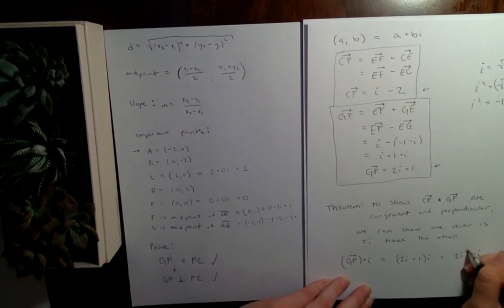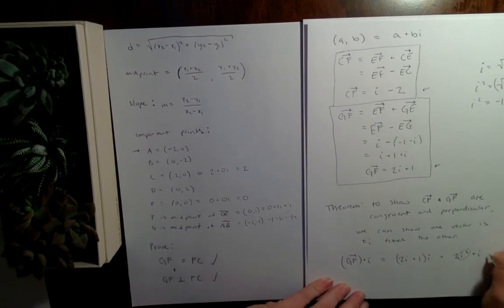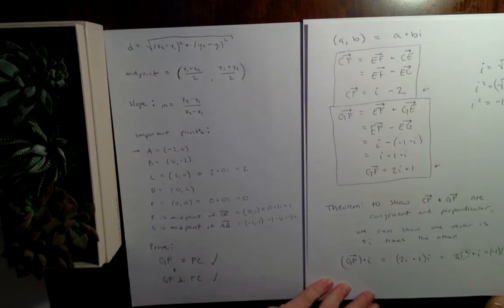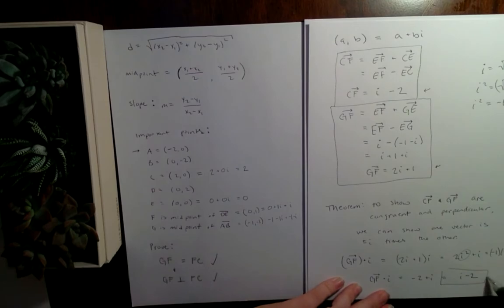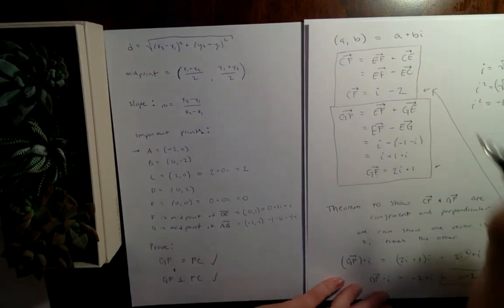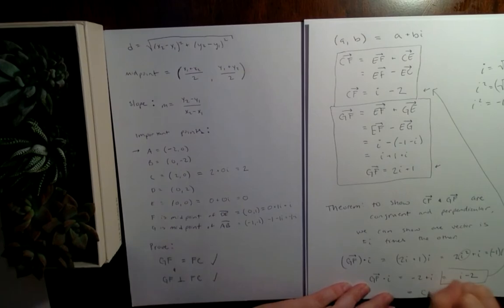So we're going to use that fact right here. So we get, this is equivalent to minus 1 times 2 plus I. So we get GF times I equals minus 2 plus I, which also equals I minus 2. And as you see, that is equal to CF.